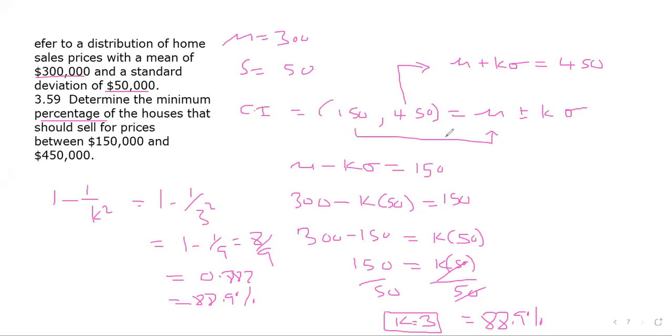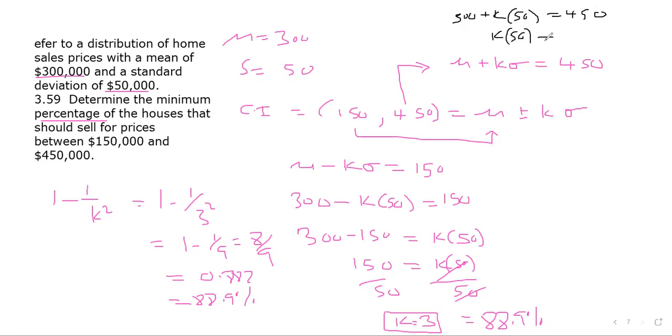Even if you use this part of the formula, you still get the same answer. So here we have 300 plus k, which we don't have. Our standard deviation is 50. Then here we have 450. So 300, when it goes the other side, you will subtract.